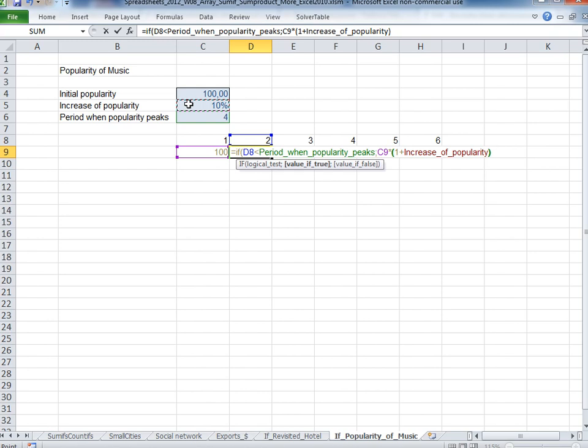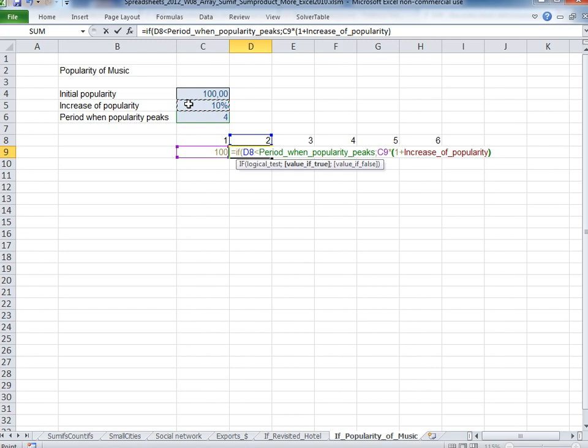Okay, now the next thing is, in the fourth period it stays the same, and in the fifth and sixth it falls, which means that we have all in all three options: raising, staying the same, falling, which means that we need two IFs, because right now, into this first IF, we have only written the first option, raising popularity.